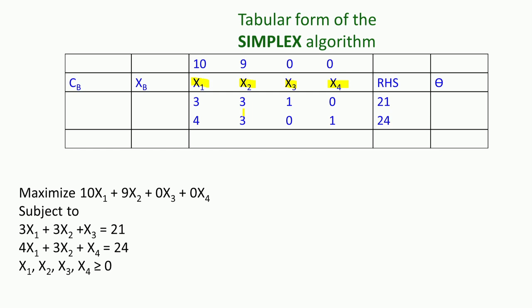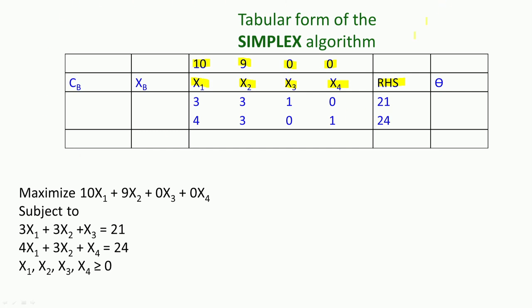I also write the objective function values of these variables, 10, 9, 0 and 0, above these variables. I also write this thing called RHS, or right hand side, here.